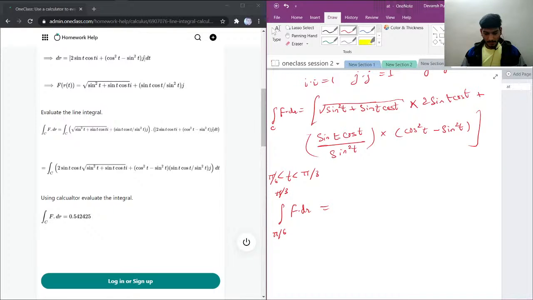Now my upper limit is pi by 3, so pi by 3.